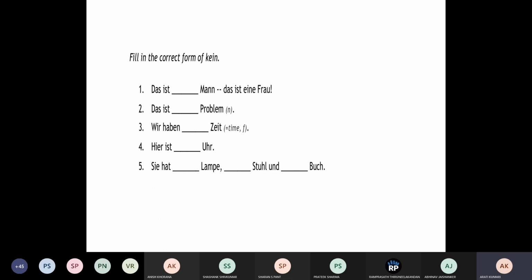What will you say? Sie hat. You should know the article of Lampe. Lampe. She has no lamp, no chair, and no book. How do we say that in German?